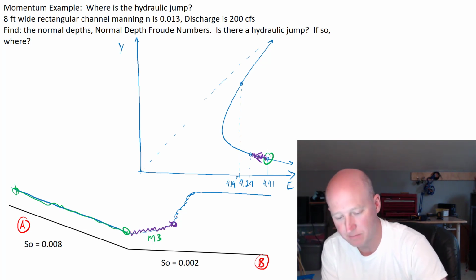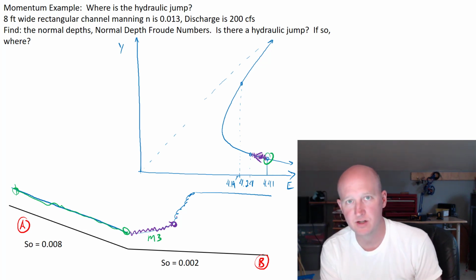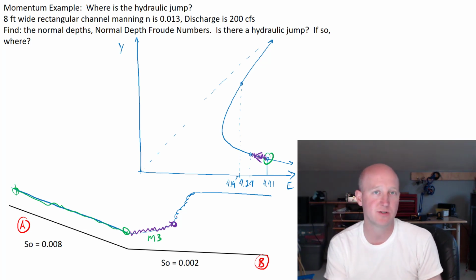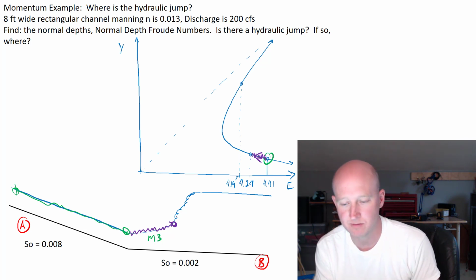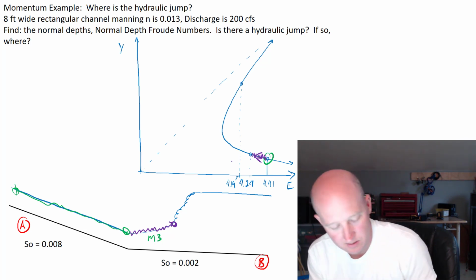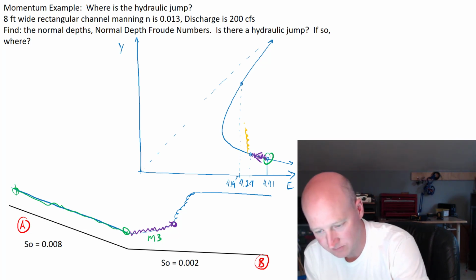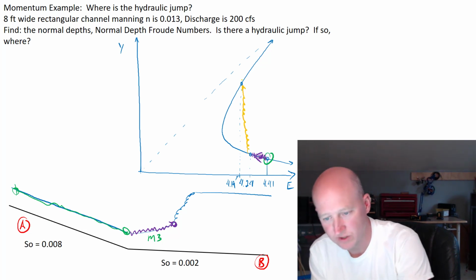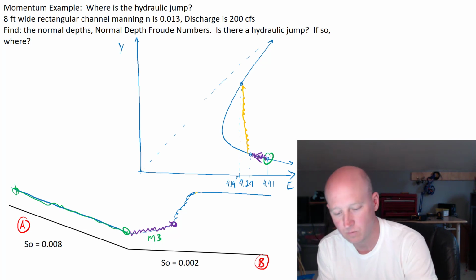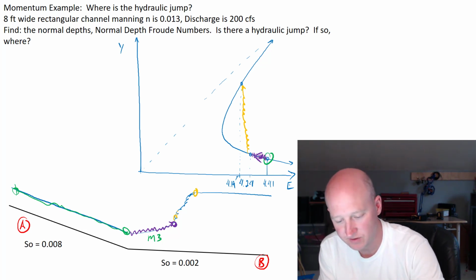Once it gets to that point, then the hydraulic jump happens, and there's also energy loss inside the hydraulic jump, and so then we get energy loss through this section until we jump directly to normal depth, which is this point. So this hydraulic jump is also energy loss.